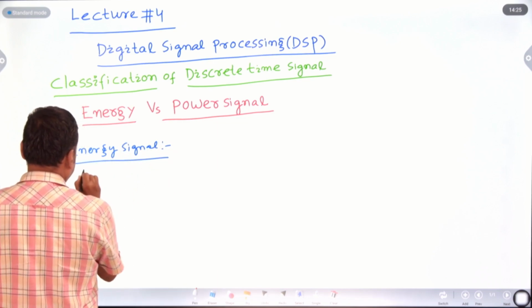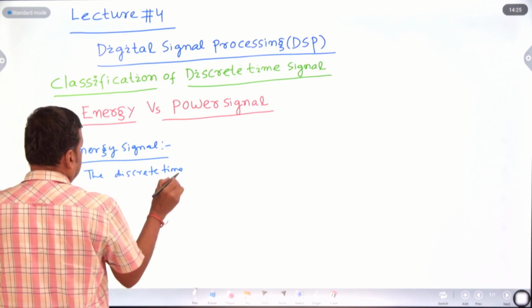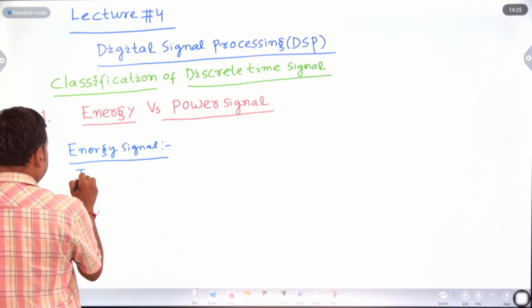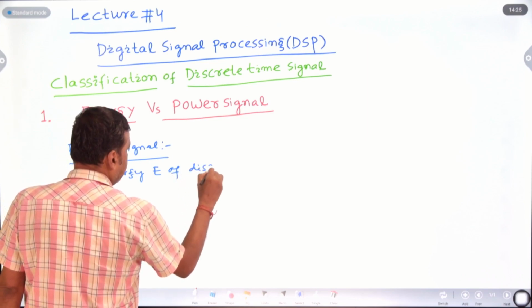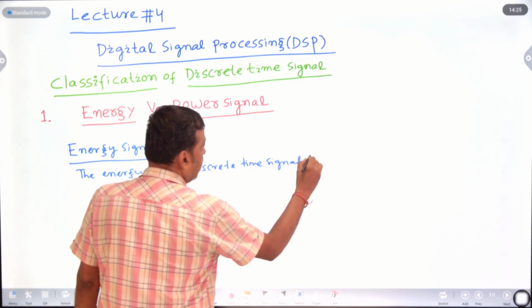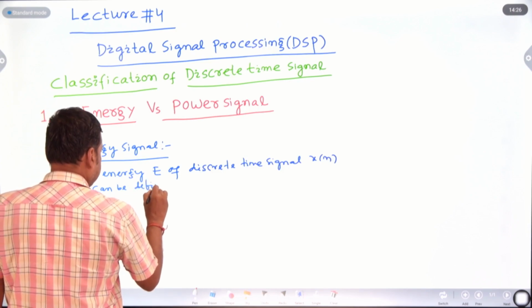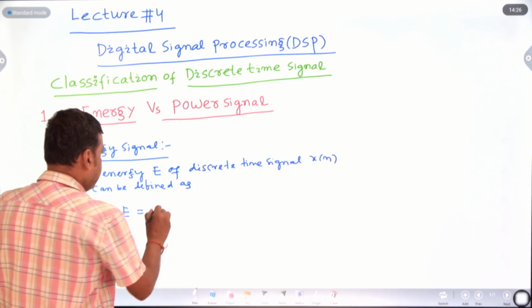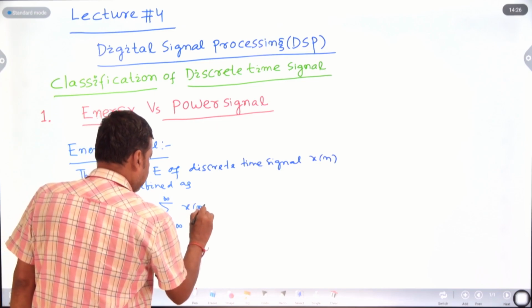The energy E of a discrete time signal x of n can be defined as the sum over n equal to minus infinity to infinity of x of n squared.